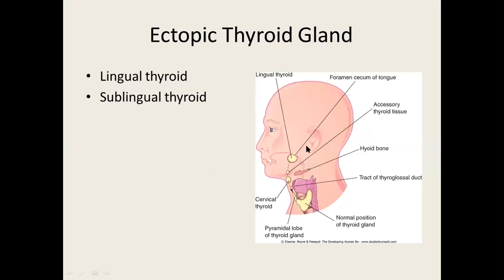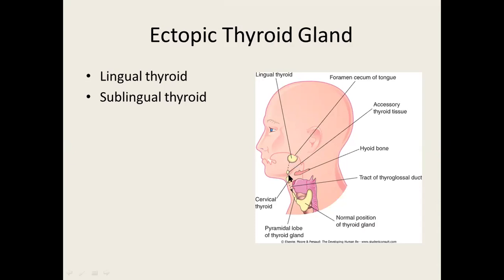Then there is the ectopic thyroid. When thyroid tissue is present apart from its normal course, anywhere along its line of descent, it is known as ectopic thyroid. The most common is the lingual thyroid, when it is present below the mucosa of the tongue. Then there may be a sublingual thyroid, when it is present in the substance of the tongue.